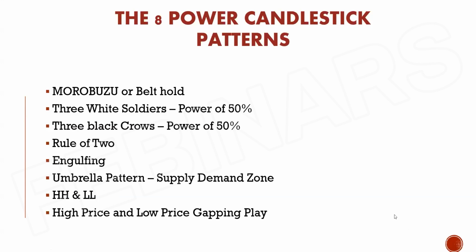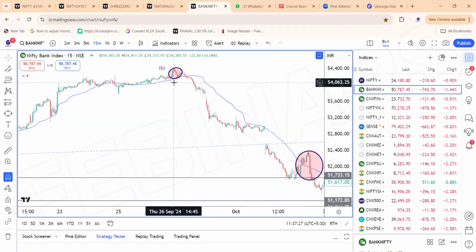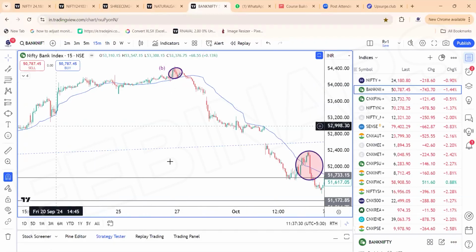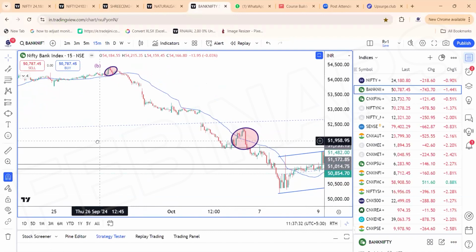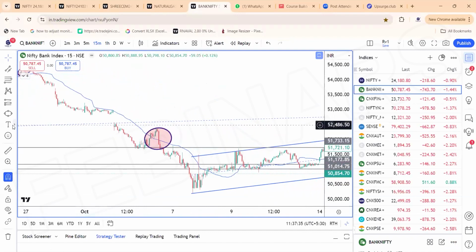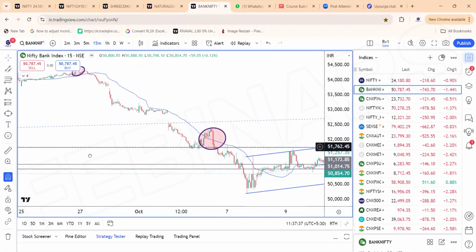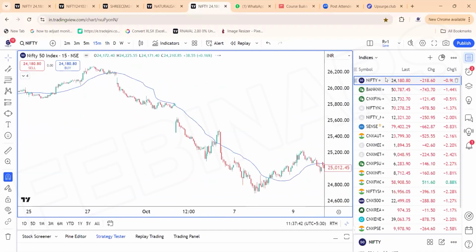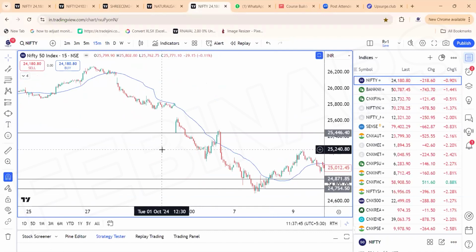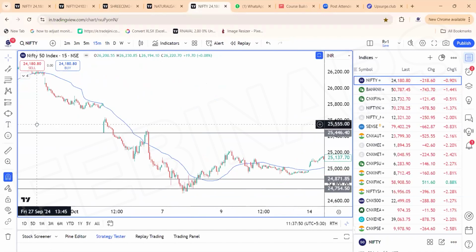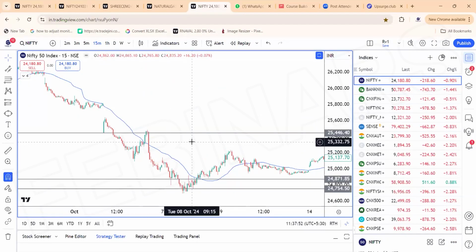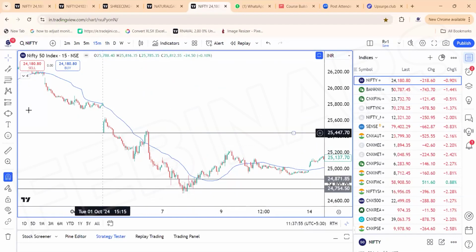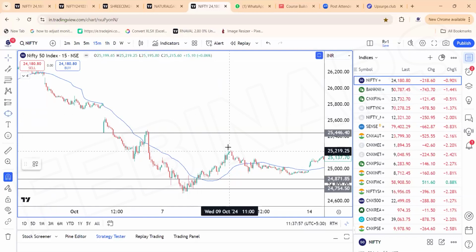Let's get into the charts again. See, what do you call engulfing here? What happens in this chart?